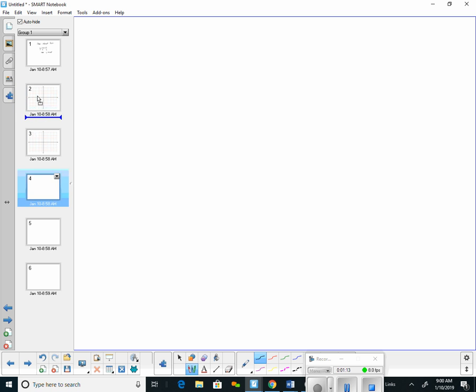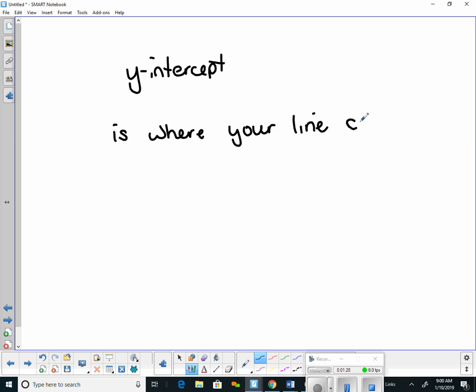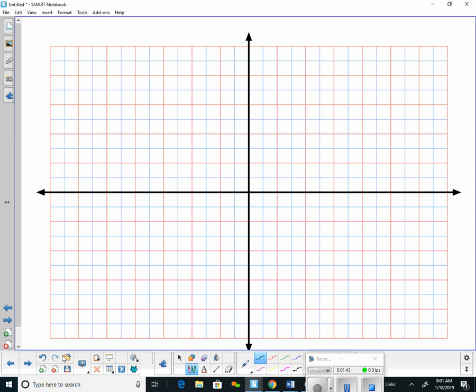Okay, so let's bring that back up. Y-intercept is where your line crosses the y-axis. Okay, so let's look at, oops, sorry, I didn't mean to do that.